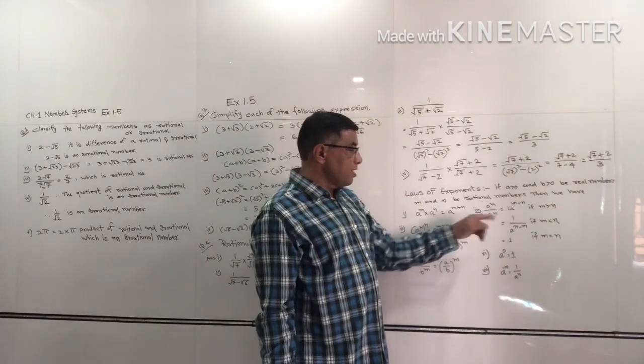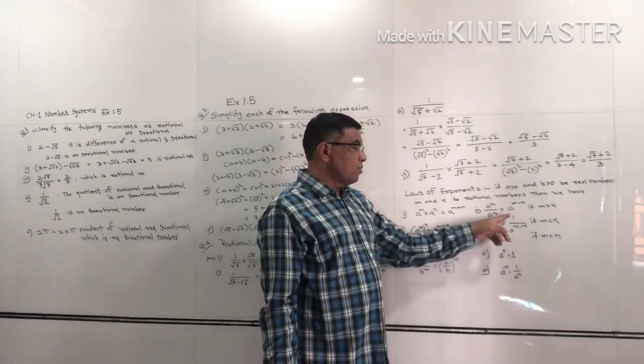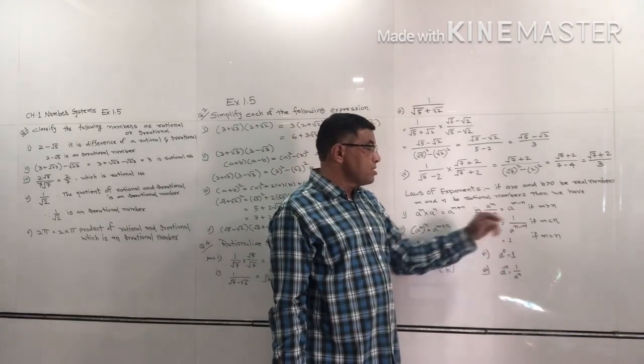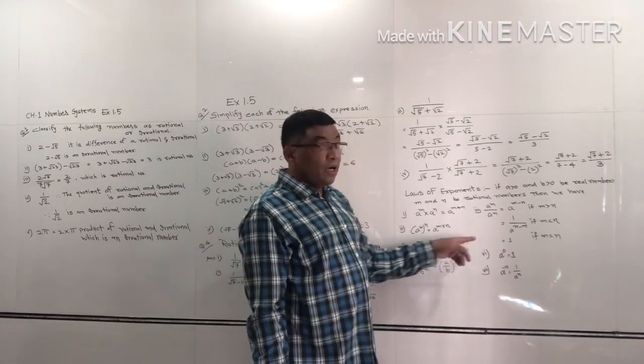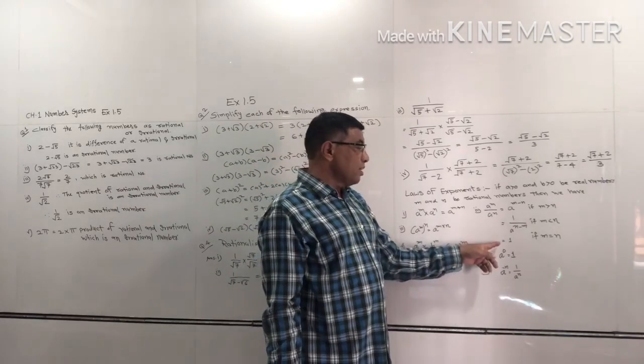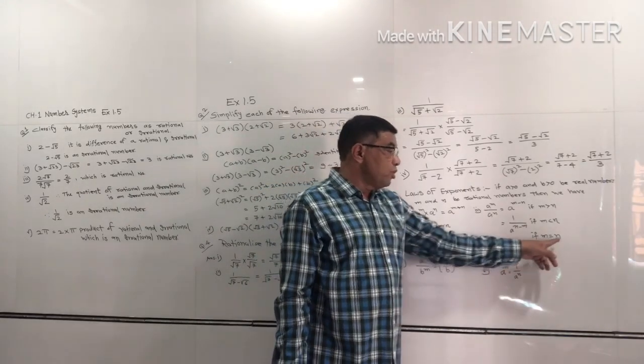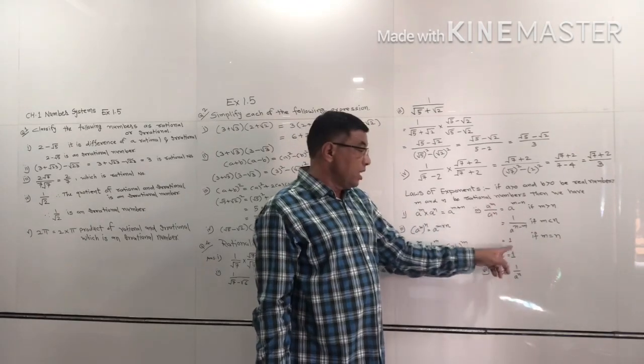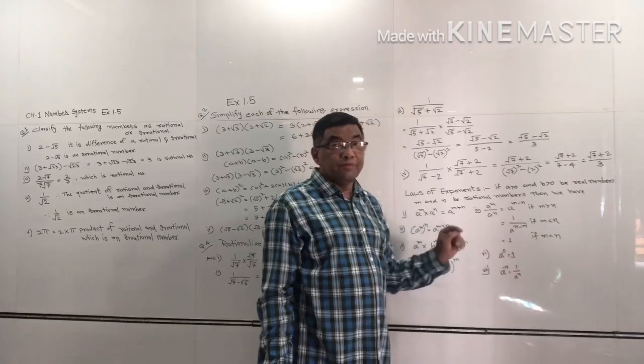So if n is greater, in that case we write the answer 1 upon a raised to n minus m. The third case is that it is equal to 1 if both m and n are equal. If the same power is there, then the answer becomes 1.